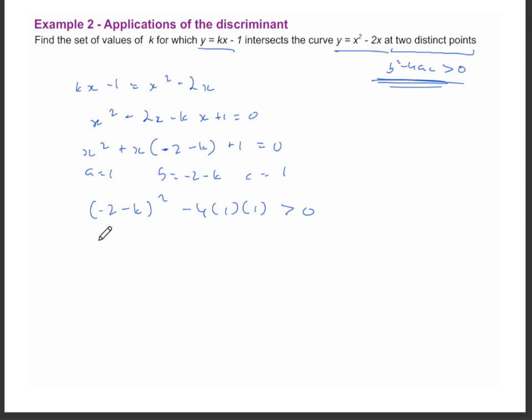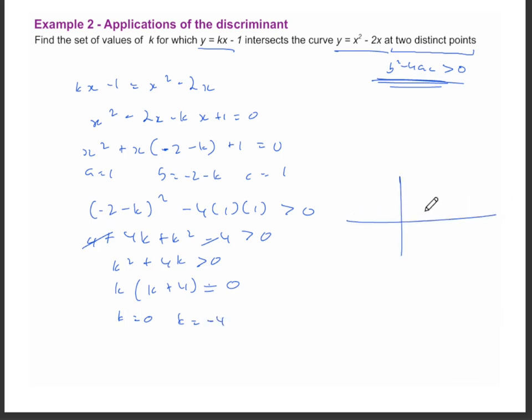And you expand this, you get 4 plus 4k plus k squared minus 4 greater than 0. These two cancel out. We get k squared plus 4k greater than 0, where we can factorize k times k plus 4. And if you want to solve an inequality, you first equate it to 0. You get k equals 0 and k equals negative 4.